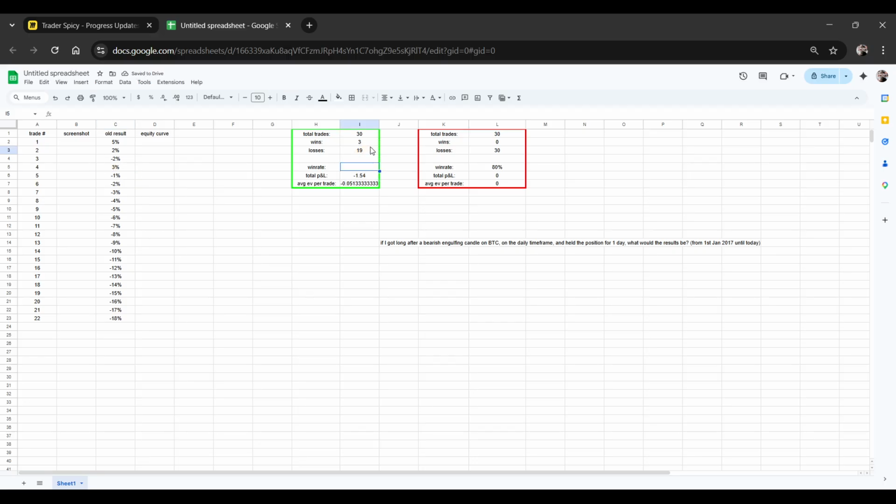Oh, okay, I've messed up the formulas, but the point is, you want to count how many times it happened, how many wins I would have got, how many losses I would have got, what the win rate is, and what my total P&L is. And on average, what does my average trade look like? Based on this, we have our answer. And then from there, we'll be able to see whether this is actually worth pursuing. Yes or no.